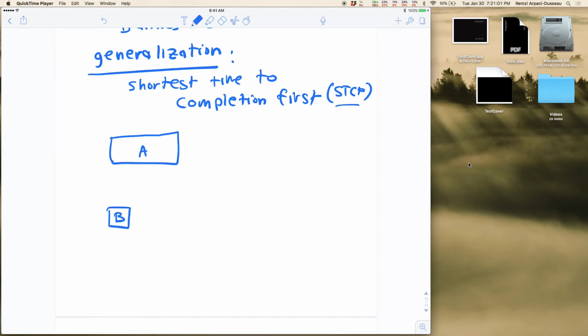If B arrives anywhere in this time frame, then what's remaining of A is longer than B's runtime, so we should run B. But if B arrives in this last part here, where A's remaining time is less than B's, then we would run A instead. So basically, when something arrives, you look at what's running, you compare the time it has left to the time of the new job, and then you run whichever of those is shortest.